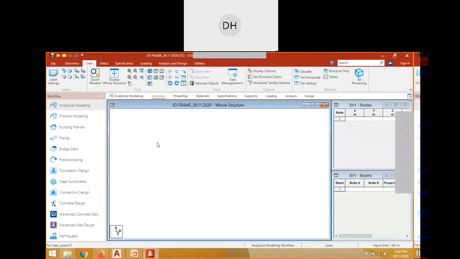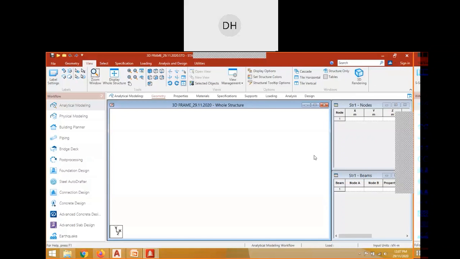And then display whole structure. Sometimes you may have one window where you are working, and to close that window you just click on this option, and you will get the display of your entire structure afterward. Then there are certain graphics inputs like structure colors, and then tool options, display options. All this can be managed with the help of these tools. The 3D rendering view is there, where you will get the three-dimensional view with solid fill.